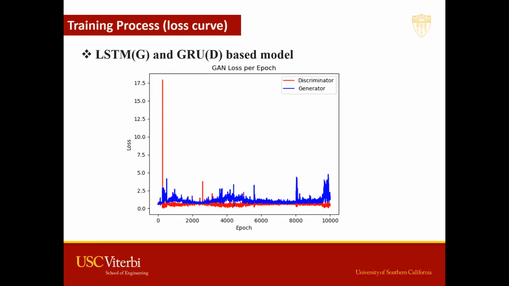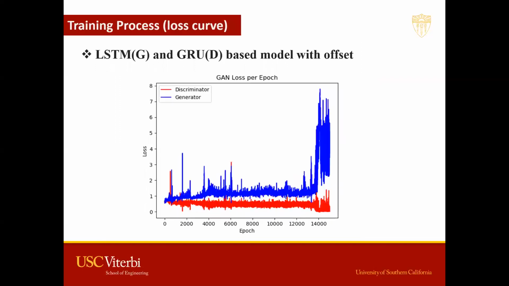In the end, we also add offset as a new output of our model. That means we are not only generating the notes for the music, we are also generating the rhythm, in other words, the time interval between each note. And you can see using the previous structure, the training process is still very balanced and steady until the end.